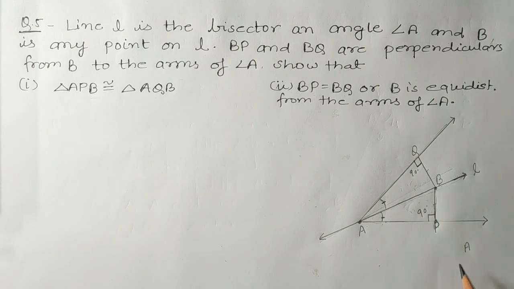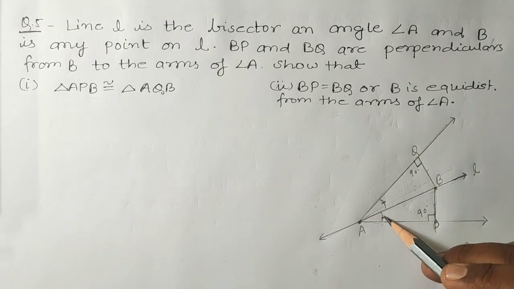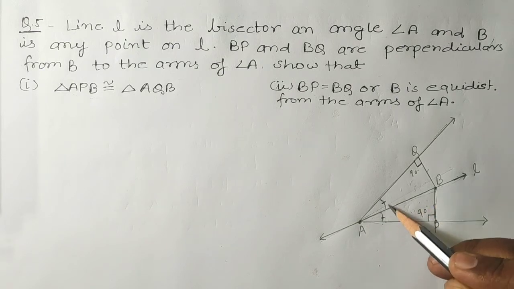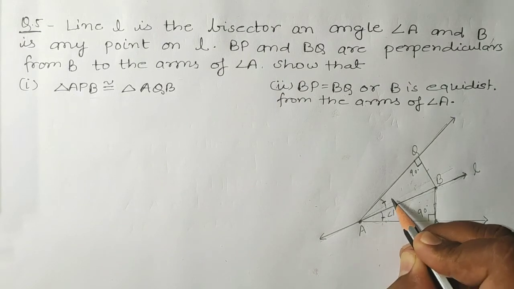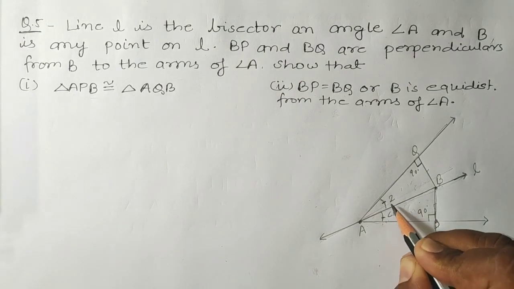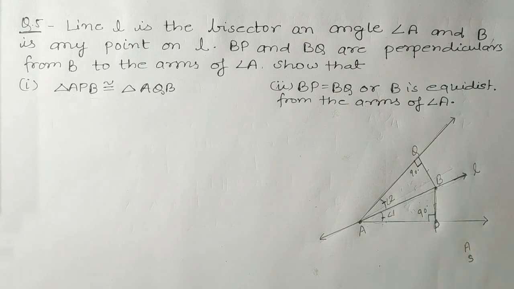The side AB is common for both triangles, and one angle is also equal. Since L is the bisector of angle A, suppose this angle is angle 1 and this is angle 2. So angle 1 and angle 2 will also be equal here.